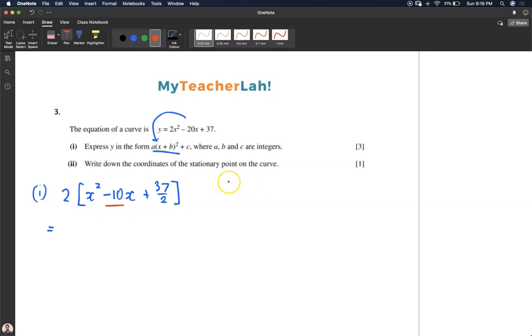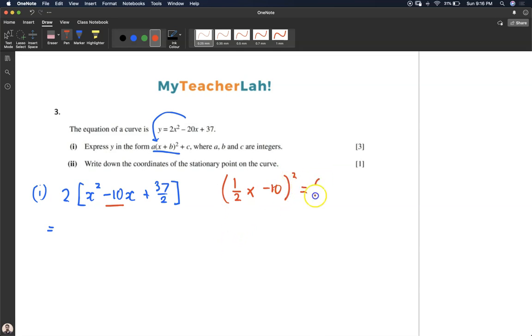According to the completing the square method, we need to find half times the coefficient of x. Make sure that if it's a negative, you take the negative together, and then you square it.